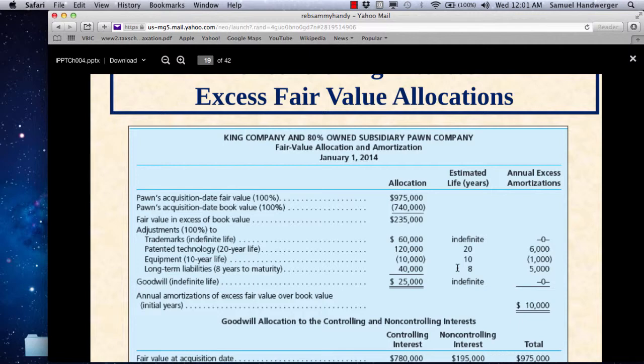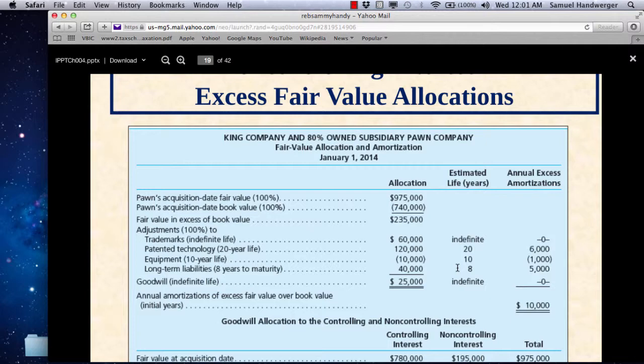But then the $40,000, if the liabilities were actually worth more in fair value terms than the book, would be a subtraction from where we're holding at 170. It would be really a subtraction because that's what liabilities do. They subtract from the fair value, and that would put us at 130.